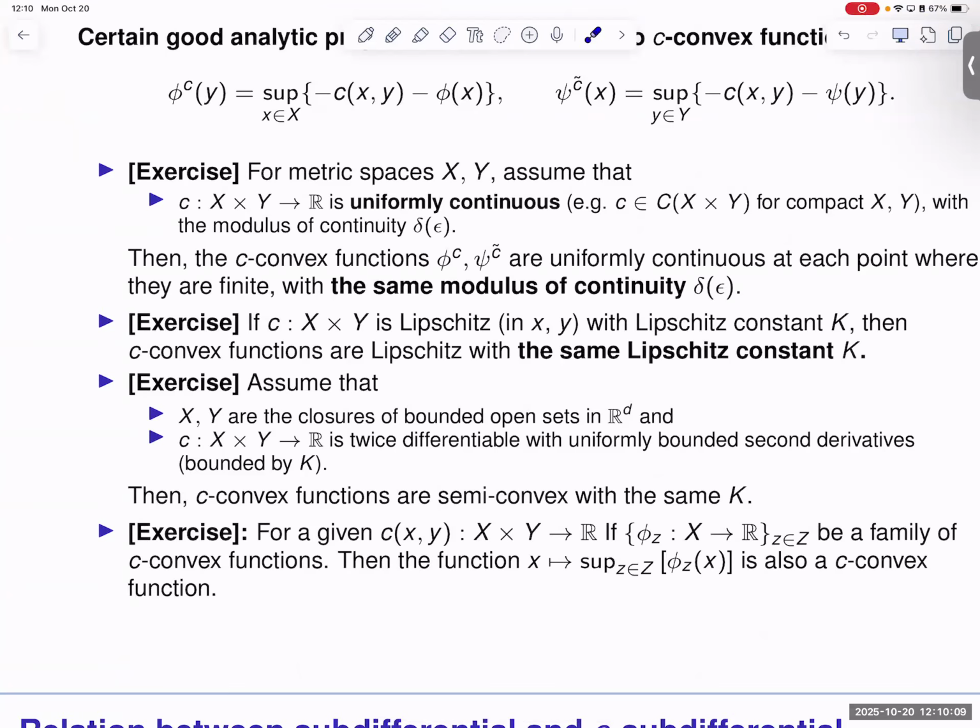Right, good. Anyways, we'll just briefly review it, but the point is that semi-convexity of the cost function will be inherited by any C-convex function.